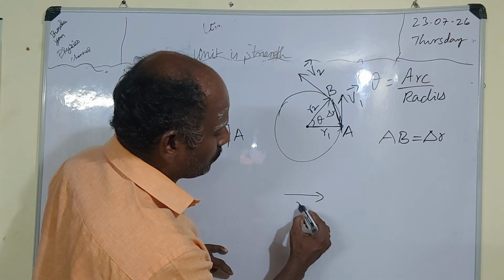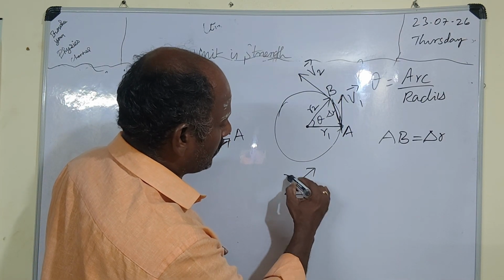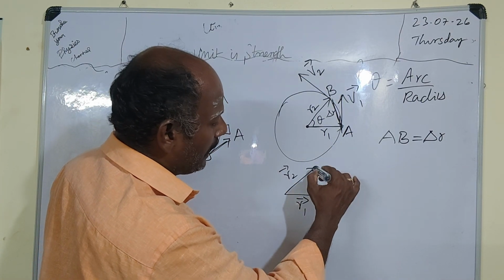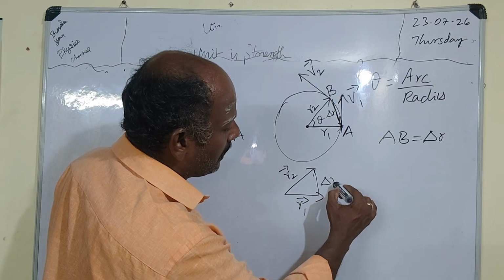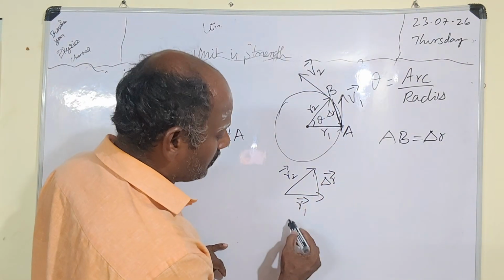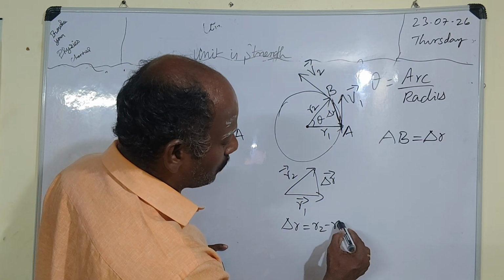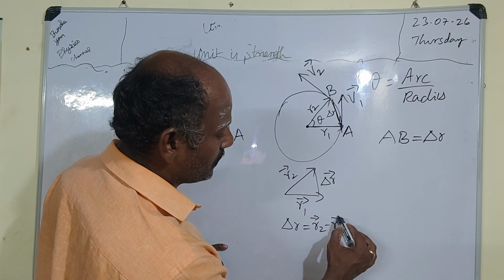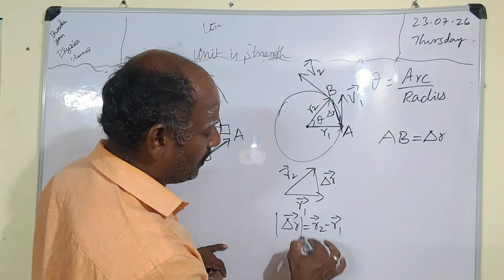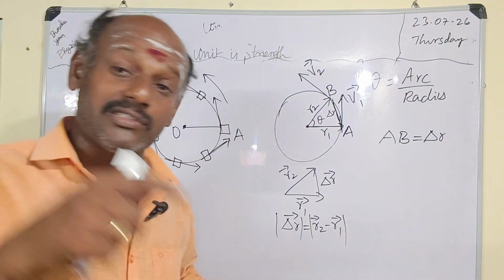So this is R1 vector, and this is R2 vector. And this will be delta R vector. Delta R is equal to R2 minus R1. According to the vector formula, delta R is equal to R2 minus R1. What is its meaning?